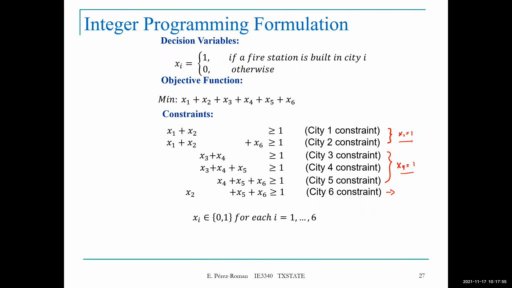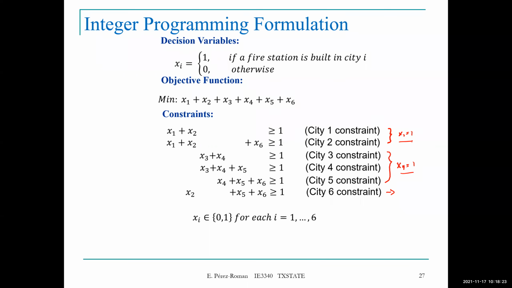X2 means that you're placing the fire station in city number 2. What this constraint is telling you is, if you place it in city 1, you can also reach city number 2. So there's no need for you to put a fire station in X1 and X2 because the service will be overlapping.